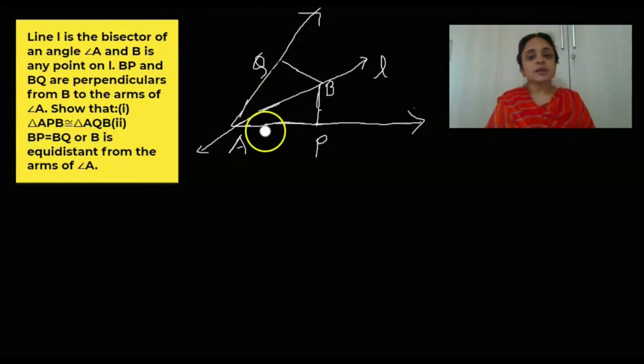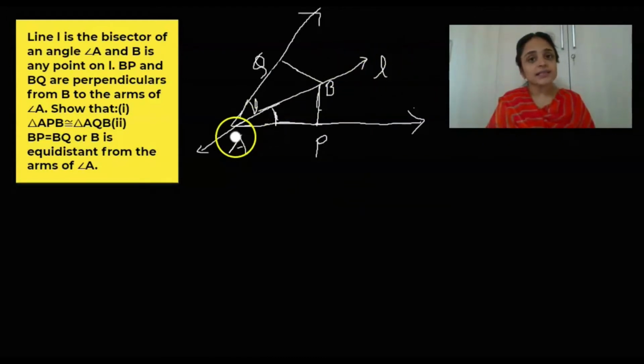Now, the first part is we have to prove that triangle APB is congruent to triangle AQB. So, how will we prove that? First, we know that these two angles are the same. That is, angle BAQ and angle BAP are the same. Why? Because this L is the bisector.